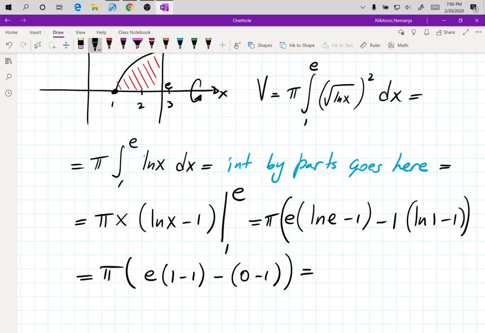So this term dies and we just get pi. So the volume of the object that we got by rotation is pi. Ta-da.